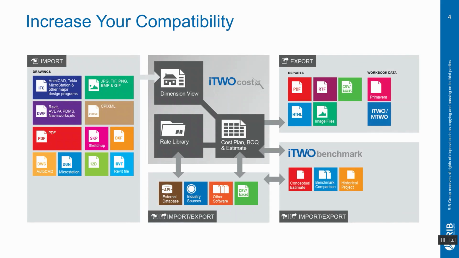In terms of compatibility and the support and what we can integrate with, if we start off on the left hand side, we can support more than 20 different file types, so anything from JPEGs and PDF drawings all the way to DWG, DWFX, 3D BIM models, IFC, SketchUp models. This is then used within the costX environment where we take off and estimate.